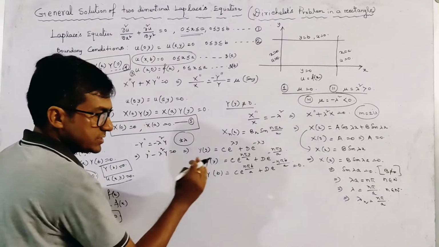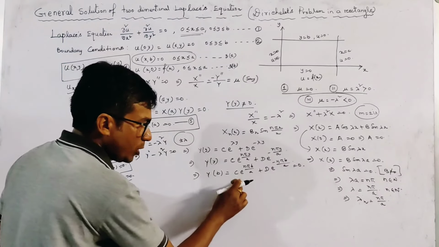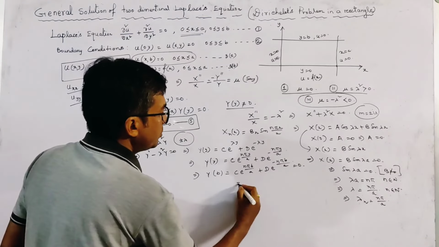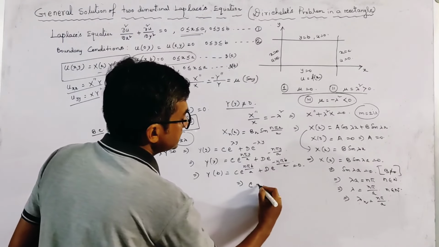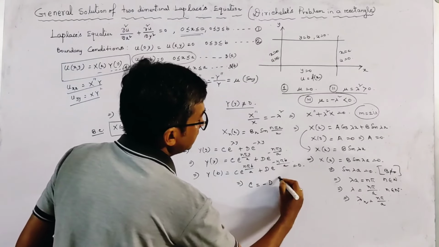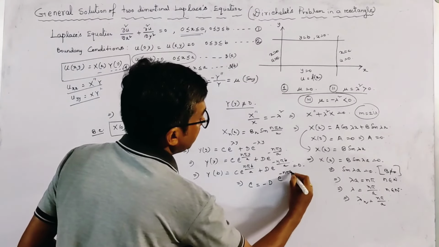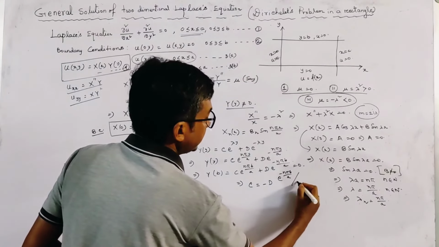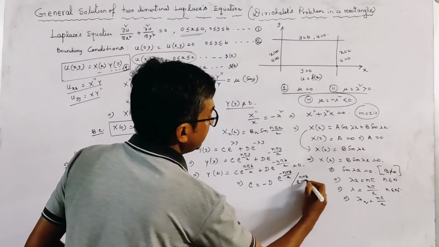Now from this relation we find the value of C, which is C equal to minus D into e to the power minus nπb by a by e to the power nπb by a.